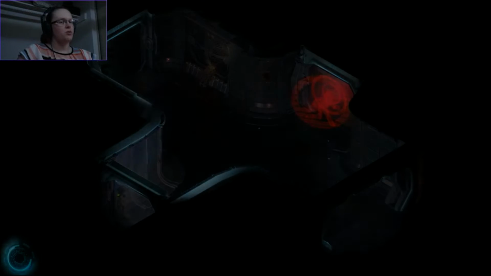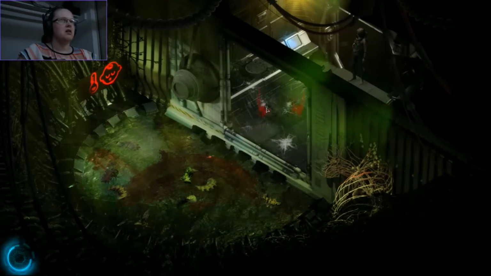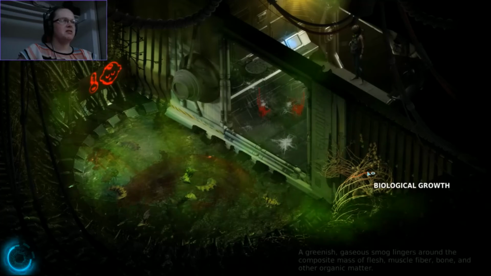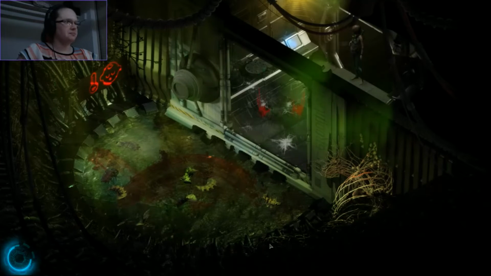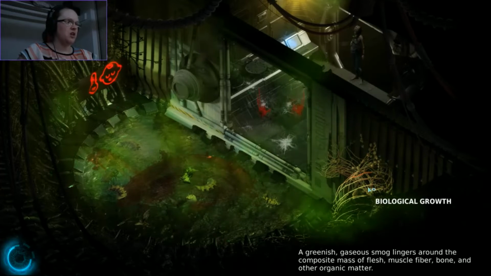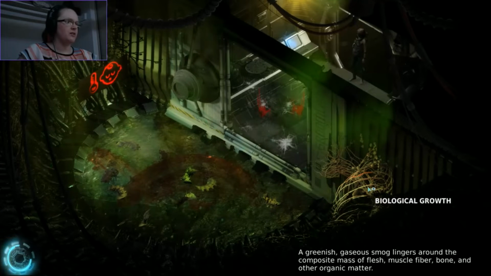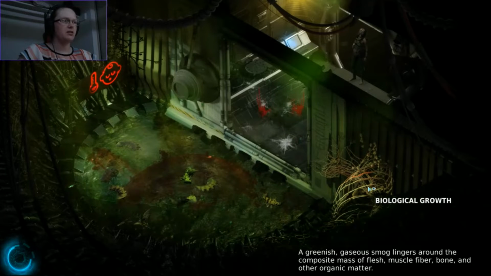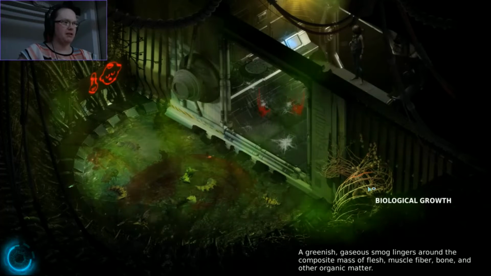Project Samantha. We heard about her in the PDA from that. Grubs. Okay. Biological growth. A greenish gaseous smog lingers around the composite mass of flesh, muscular fiber, bone, and other organic matter.